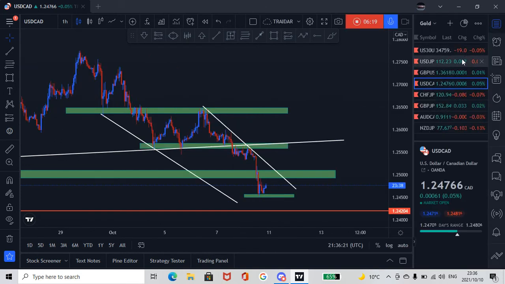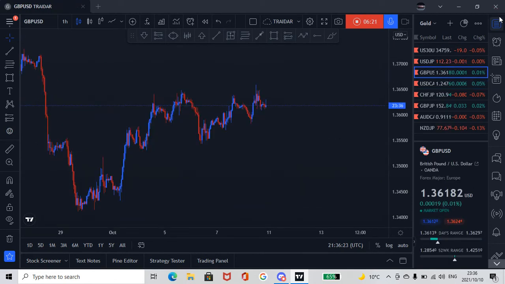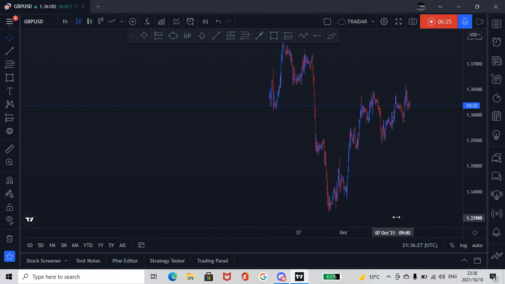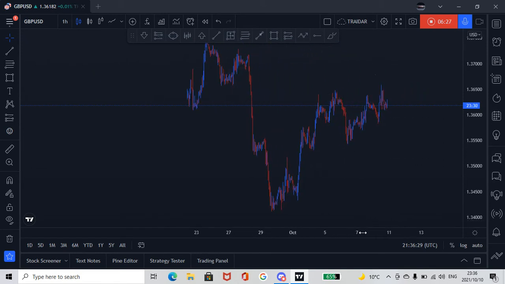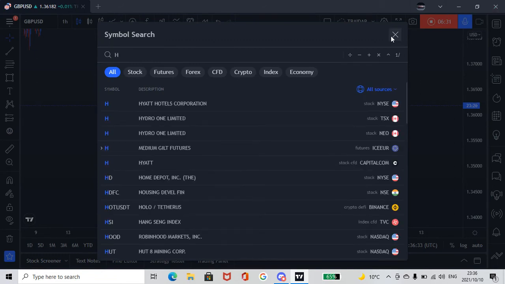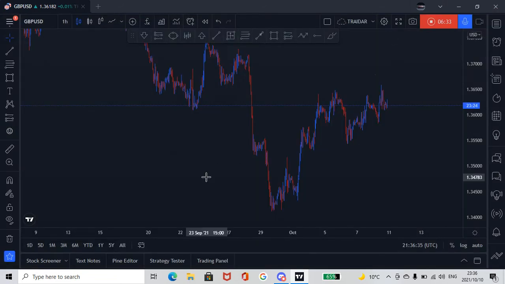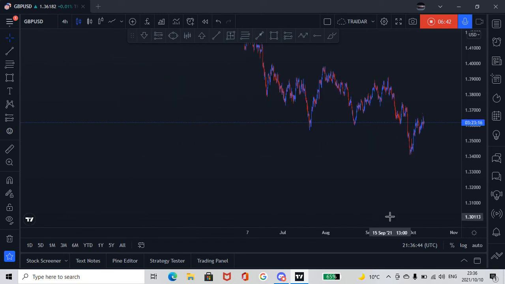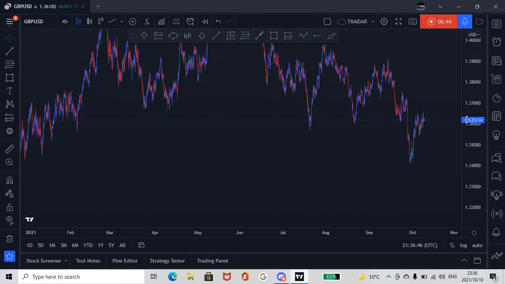So let's move on to our next pair, which is GBPUSD. Let me go back and identify. On this one, I'll first identify the trend line.